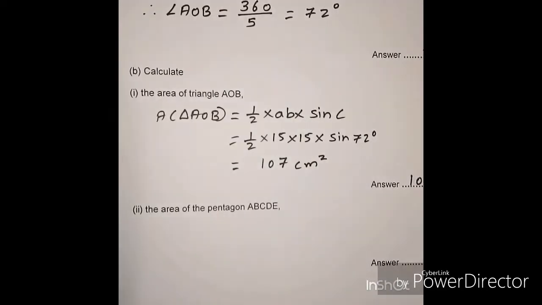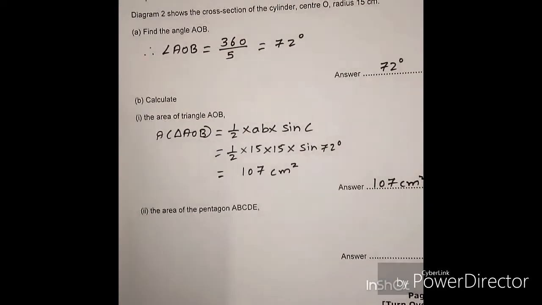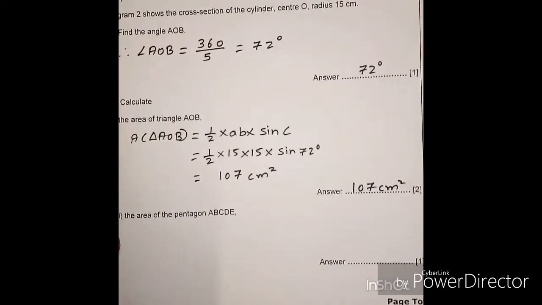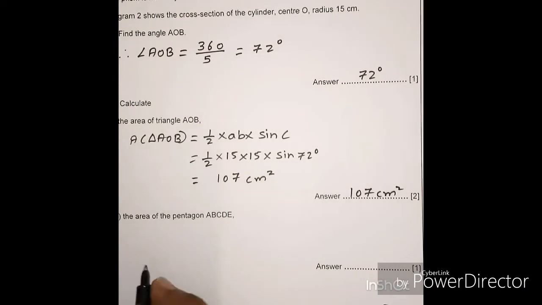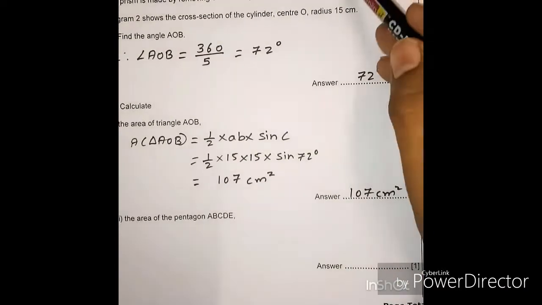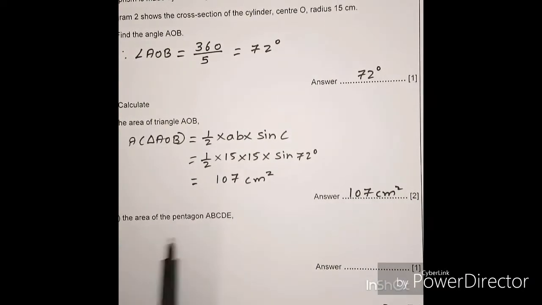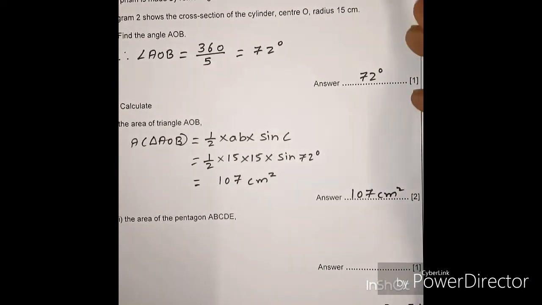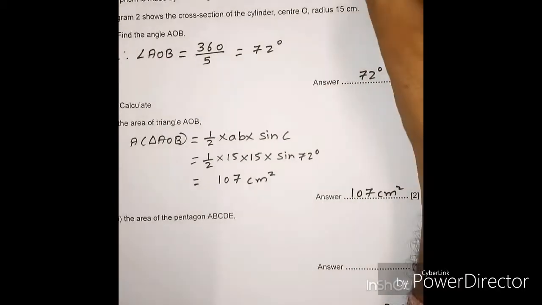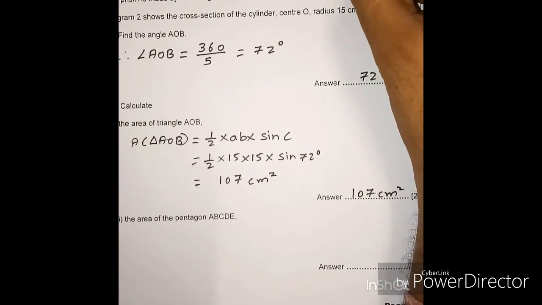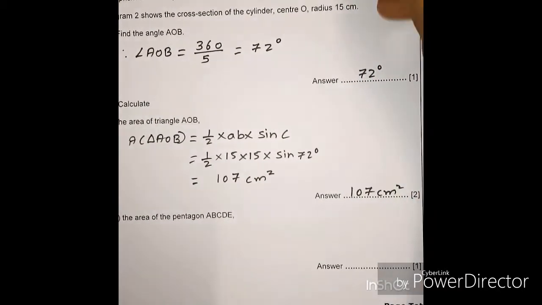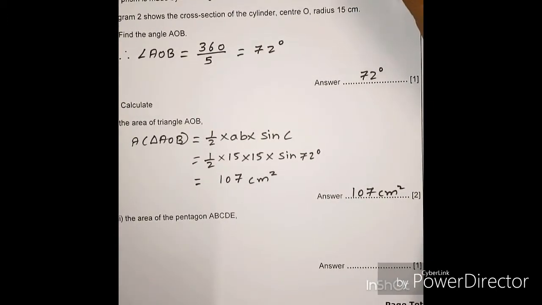Now moving on to the next sum, to find the area of pentagon ABCDE. I know that the area of triangle AOB is 107 centimeter square. To find the area of pentagon ABCDE, I will be multiplying, because I have 5 identical triangles over here.